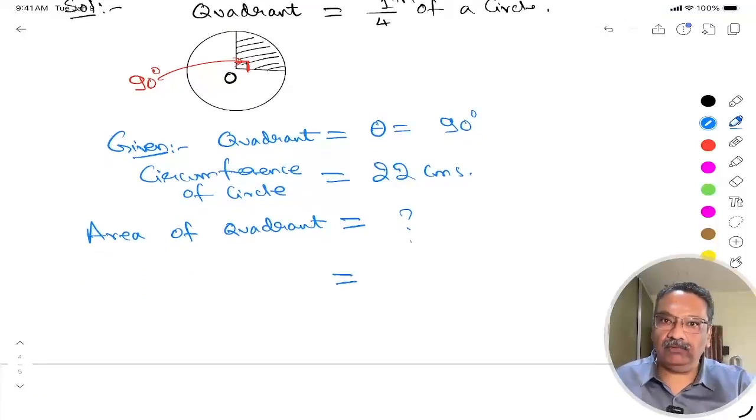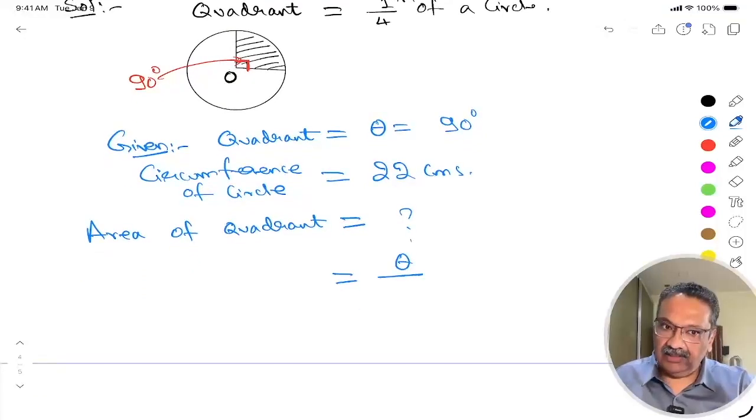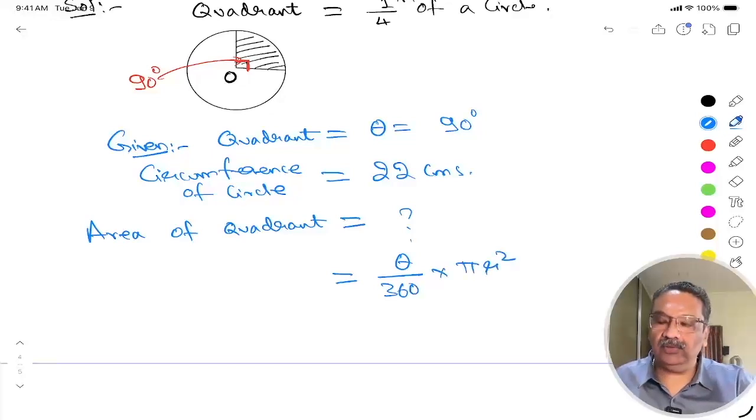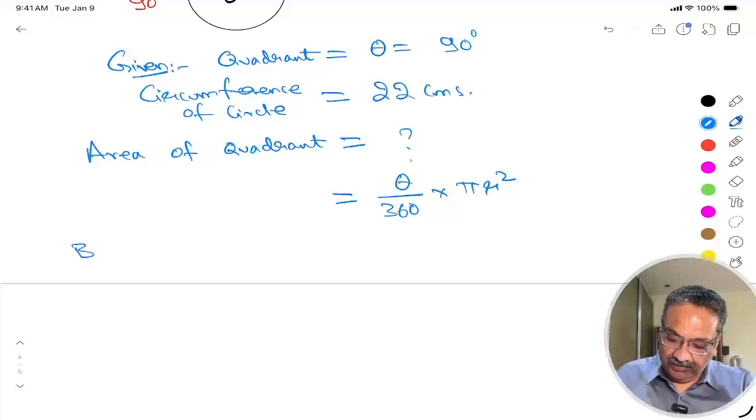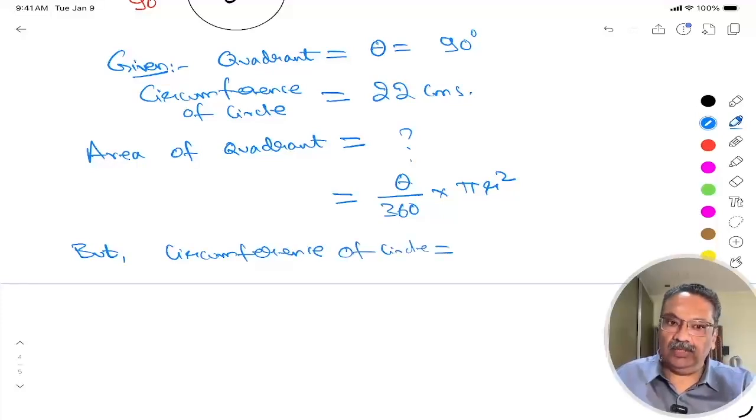We know the area of quadrant is equal to theta by 360 into pi r square. We know theta, right? R we do not know, but we know the circumference of circle. What is the circumference of a circle formula? 2 pi r.